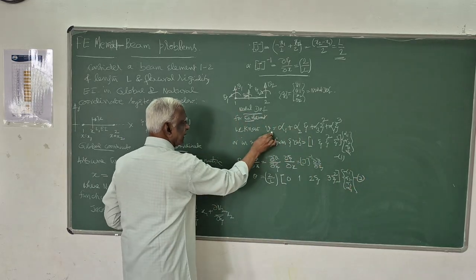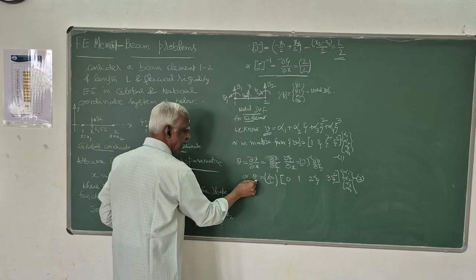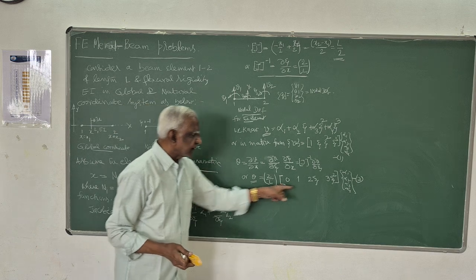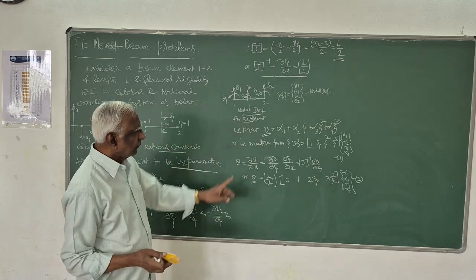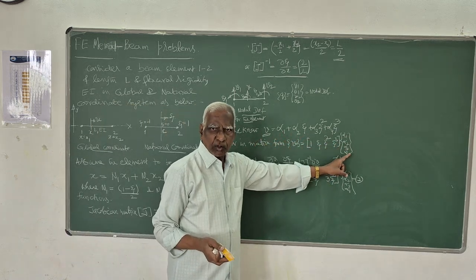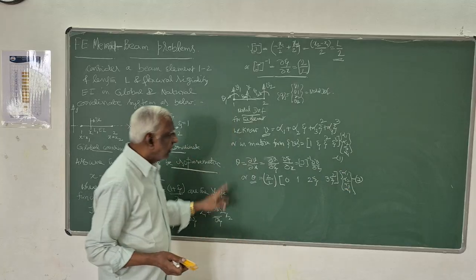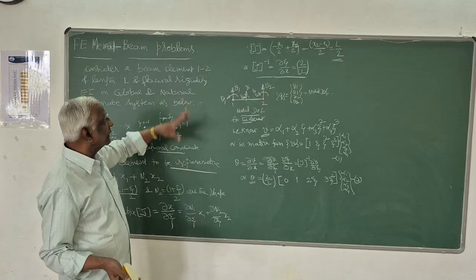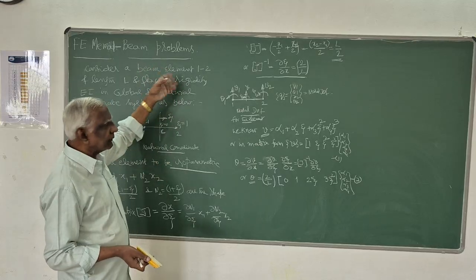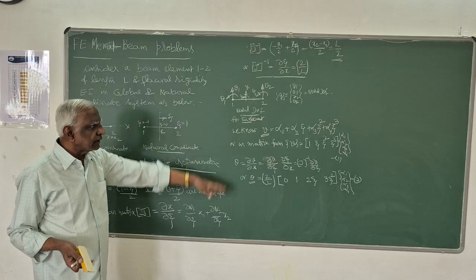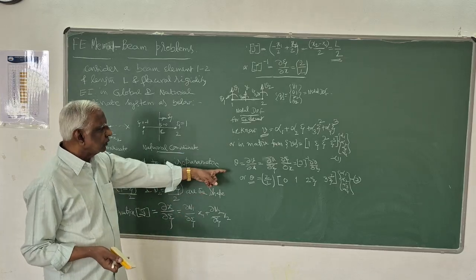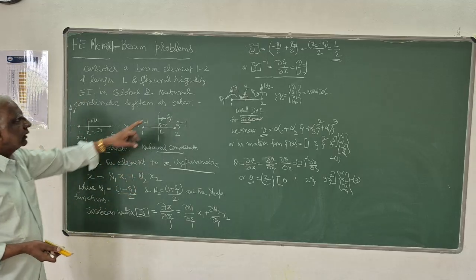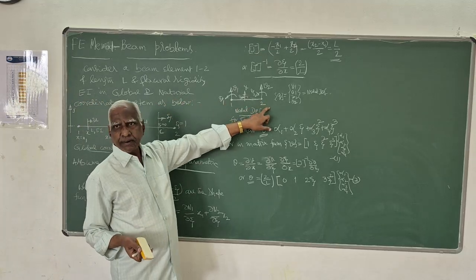The vertical displacement at any point and the corresponding slope at any other point, that you are getting in this equation. Now we have to determine this alpha 1, alpha 2, alpha 3, alpha 4. For that, from the first principle, which we explained in finite element method of analysis while discussing displacement models, you apply these equations 1 and 2 to node 1 and 2.